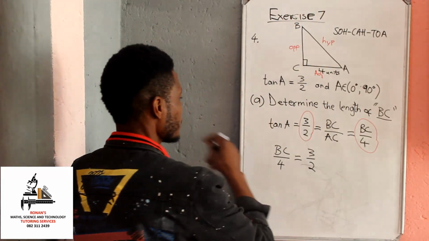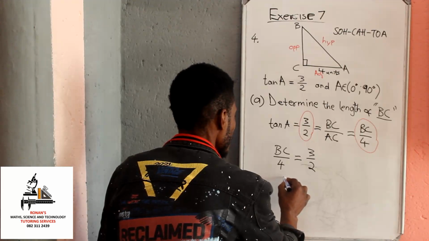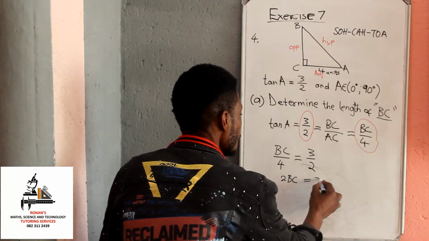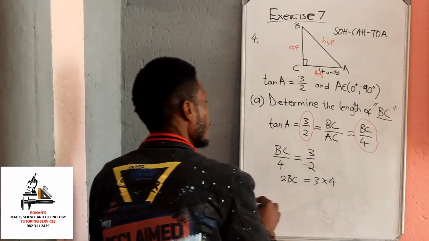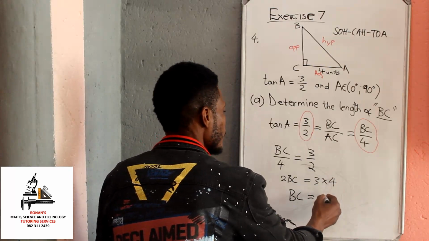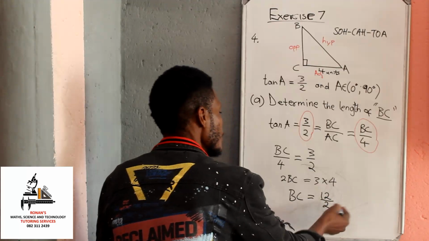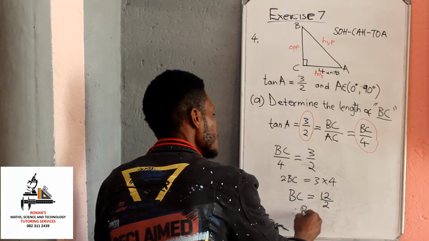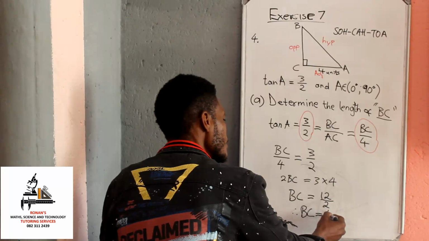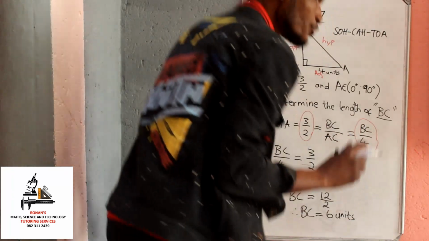That tells me that BC will be equal to 3 times 4, that's 12, divided by 2. Therefore, BC will be equal to 12 divided by 2, that's 6 units. Now let's see how true that is.